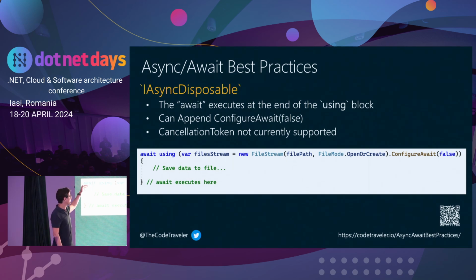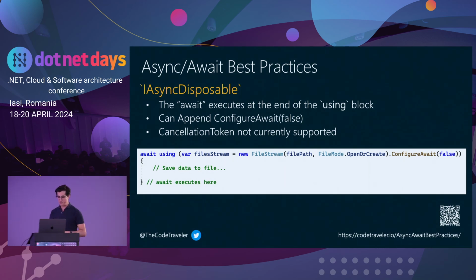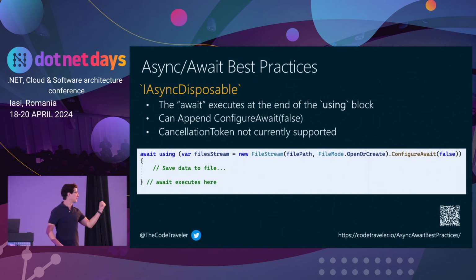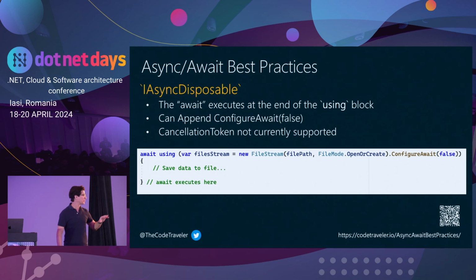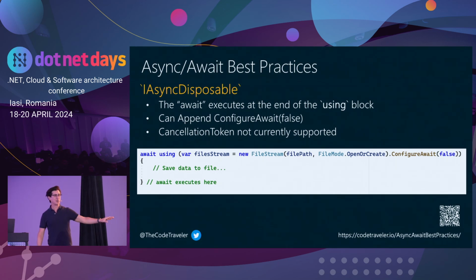Because right here is the await keyword, but what really happens is we don't await until the end. So we enter the using block, we run all our code, and then it's not till we actually dispose of that object that we do the await and the configure await false. So keep that in mind, because intuitively you might think, OK, we're going to await up here, but really it's not till we dispose of it at the end that the await happens.